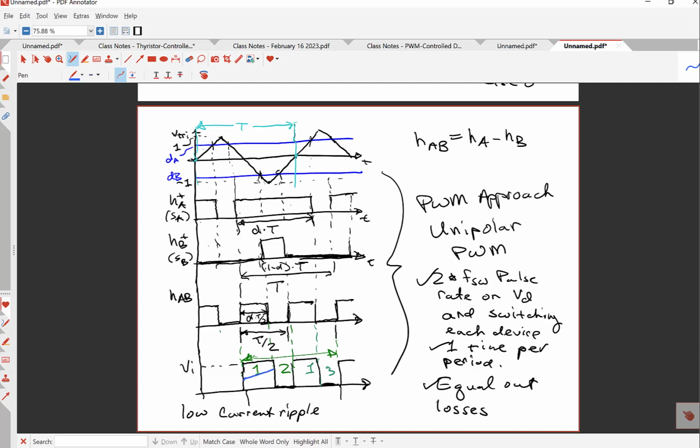The armature current will rise. It's building up energy because you're applying a voltage to the armature. And then in this, you're freewheeling, you're applying zero, so the armature current will go down. It's going to rise again and go down. And so you get two pulses basically in your ripple current per period.